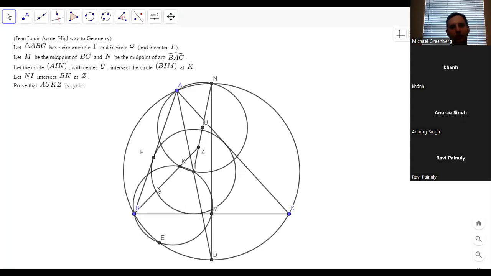Yeah, because basically, we want to show NK is parallel to AB. Let's see, is that obvious? We want to show NK is parallel to AB.